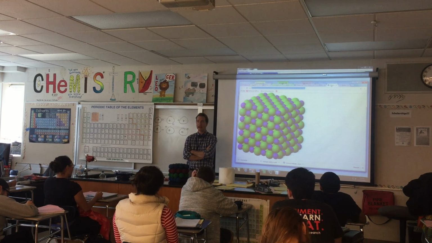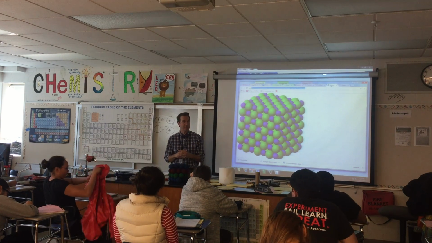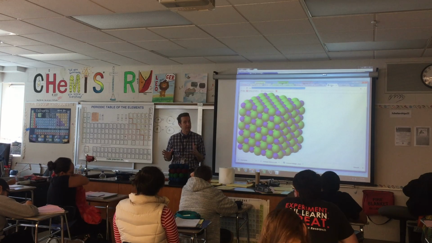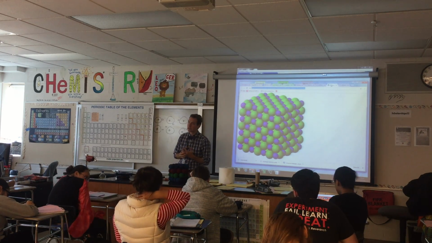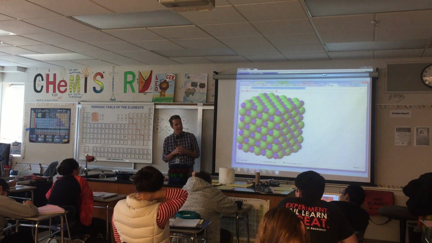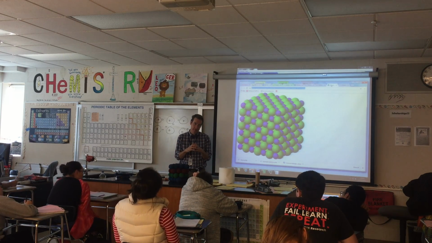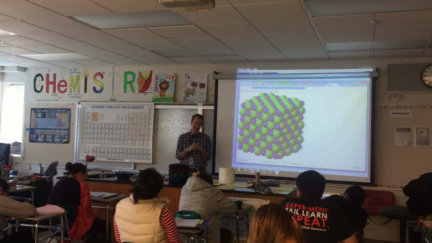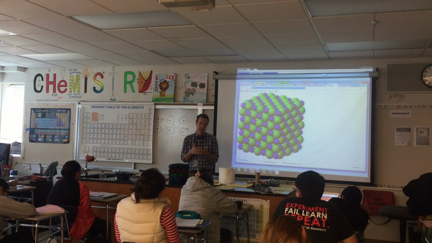So remember, we have to be able to compare neutral atoms to their ions, but also be able to compare species that have the same electron configuration but different numbers of protons. If they have the same electron configuration, the one with more protons is going to be smaller. That's not the same explanation for why cations in general are smaller, because potassium and potassium plus both have the same number of protons, right?